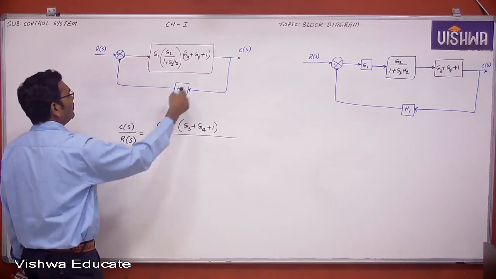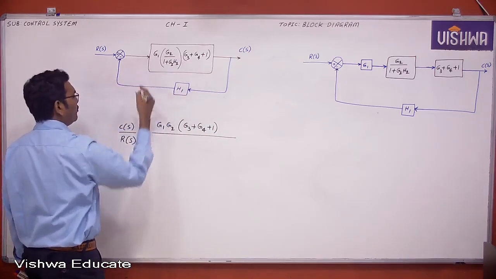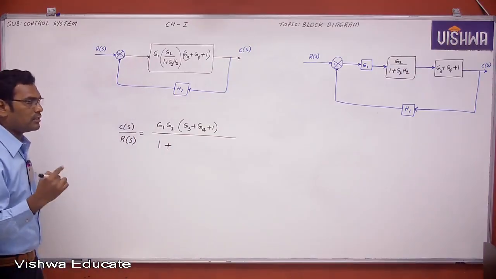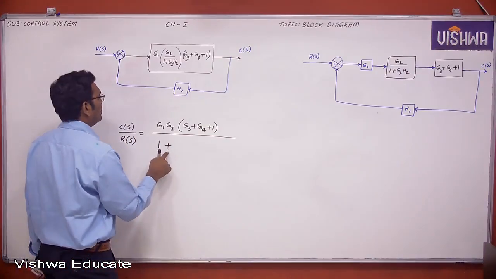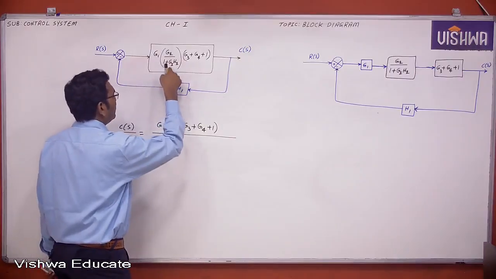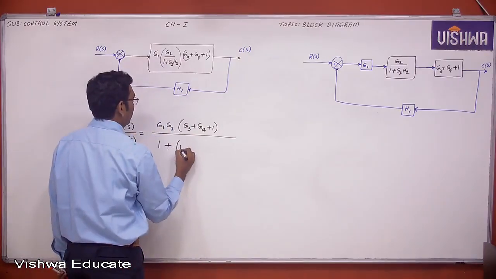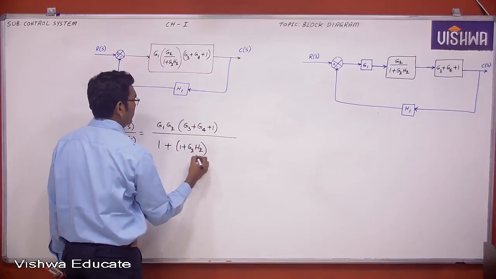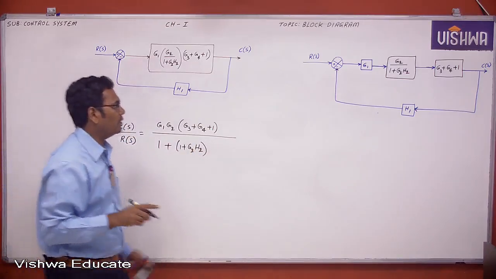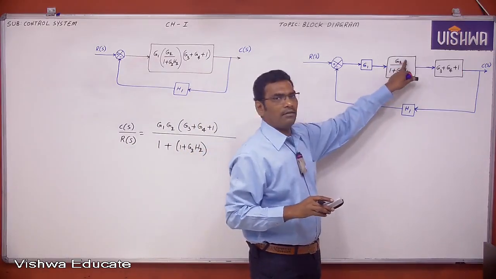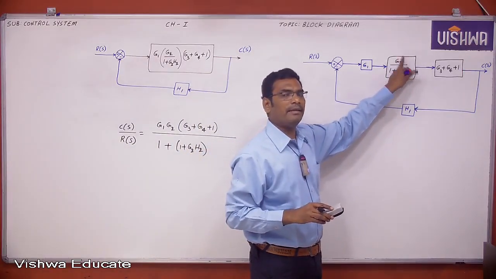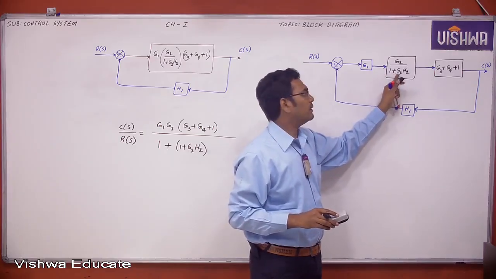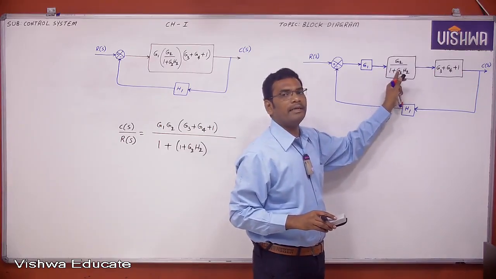now this is the negative feedback. If it is negative feedback, 1 plus; if it is positive feedback, 1 minus. This is a shortcut method I made. 1 plus, and whatever is in the denominator, you can write 1 plus G2 H2. Listen, this is one shortcut method I am giving. Observe clearly: forward path G by negative feedback means 1 plus, positive feedback means 1 minus, then numerator into denominator.